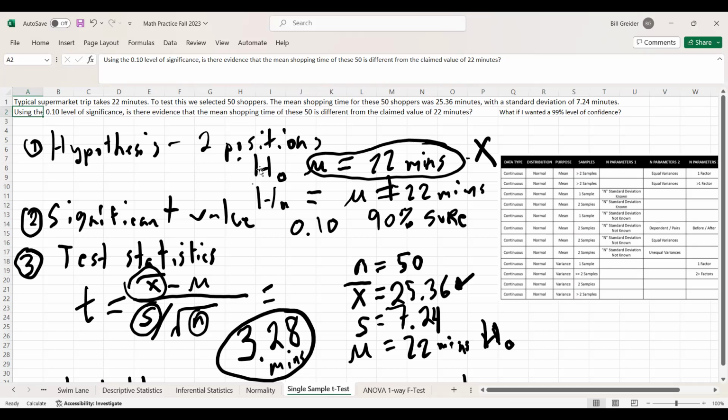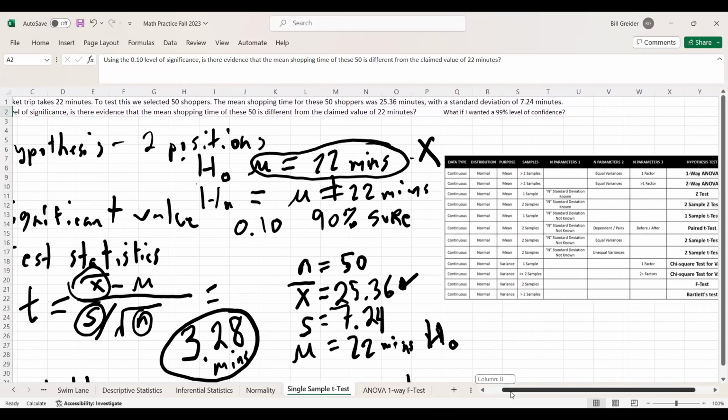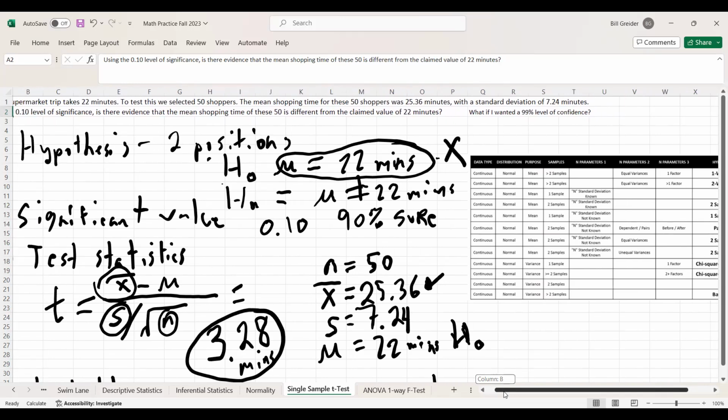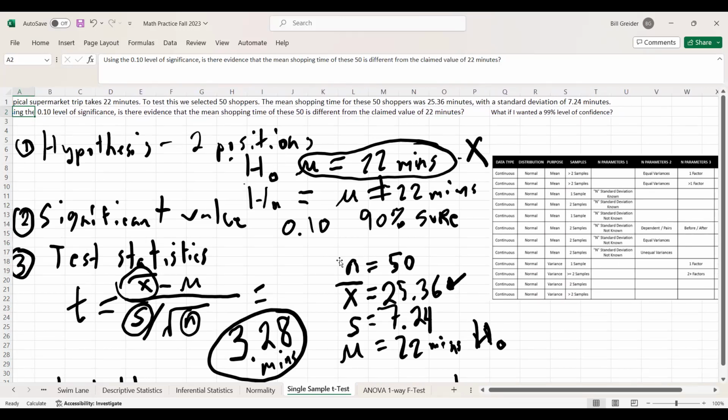And the first thing we're going to find is what formula we use to do this. It's the one-sample t-test, and there's the formula; it's called a t-statistic. So it's equal to x-bar, which is the 25.36 minutes that I found for the 50 shoppers, minus the average for the population, which is 22 minutes, divided by the standard deviation divided by the square root of the size of the sample.